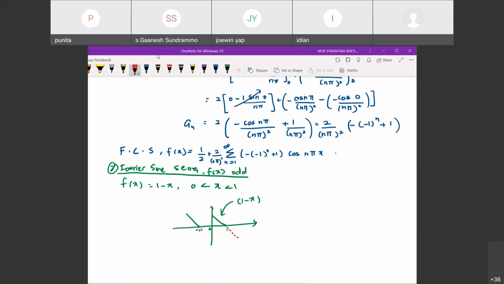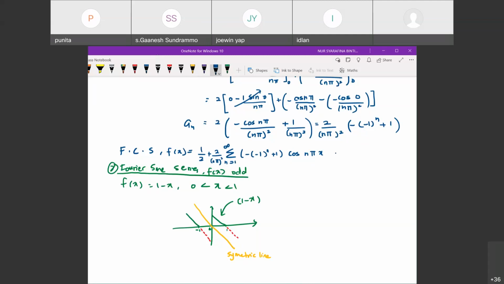So we extend to, so that if this is your symmetrical line, then it is symmetric about origin. Is that clear? So now, as you can see, it is symmetric about the origin. Okay, then it is odd. Then we can do Fourier sine series.